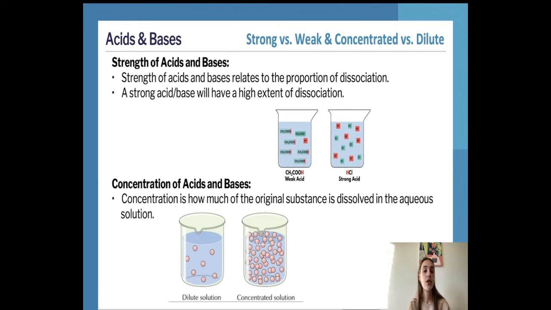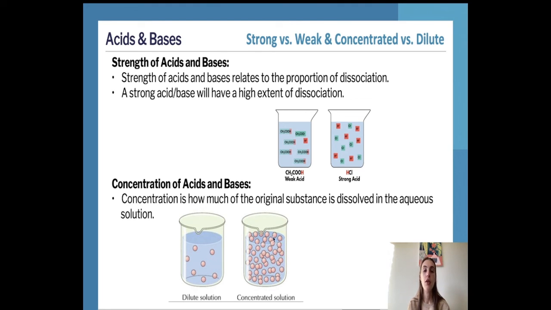Then when we consider concentration of acids and bases, concentrated versus dilute, concentration is going to refer to how much of the original substance is dissolved in the aqueous solution. So if we have a lot of the acid molecules in the solution, regardless of whether it's a strong acid or a weak acid, like this one here on the right at the bottom, we've got a concentrated solution because there are lots of these molecules.